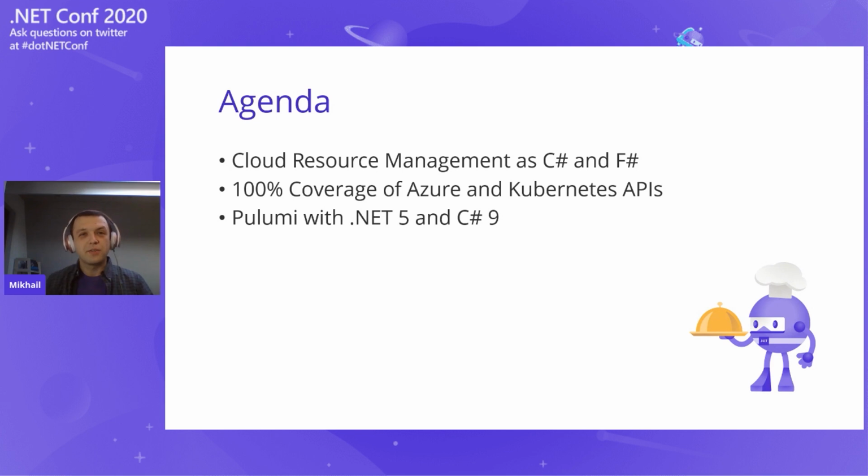Two, you can get access to the full API surface of Azure and also Kubernetes if that's your jam. You don't have to use Kubernetes, but if that's your case, you can use both of them at the same time with Pulumi. And three, my demo will show that Pulumi works as of today with all the greatest and latest tech: .NET 5, C# 9, F# 5.